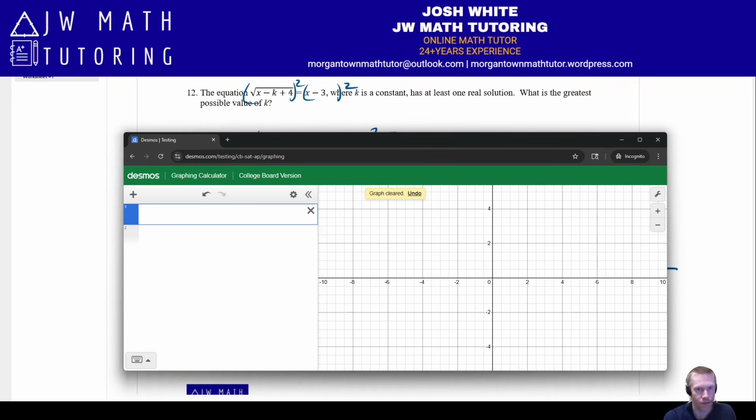So, first step, what we have to do is turn this into a quadratic. All right, so we're still going to square both sides. And then we are going to get everything equal to, actually no, there's multiple ways you could do this, I guess.